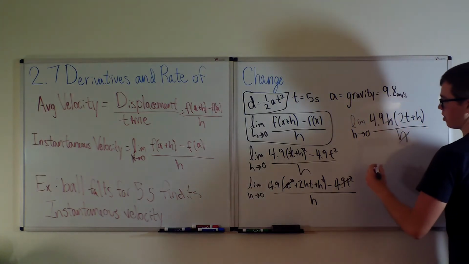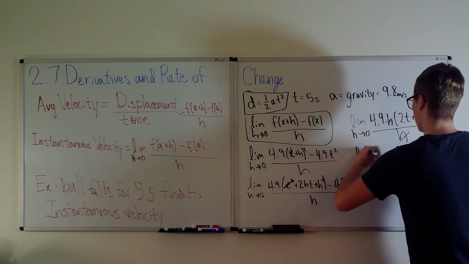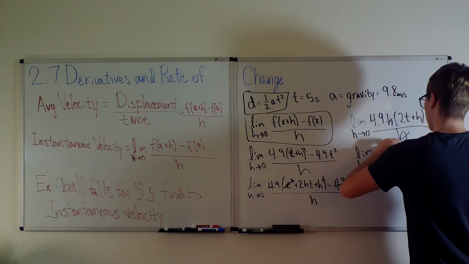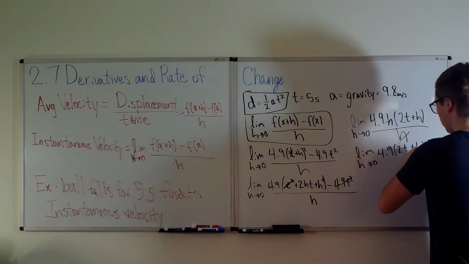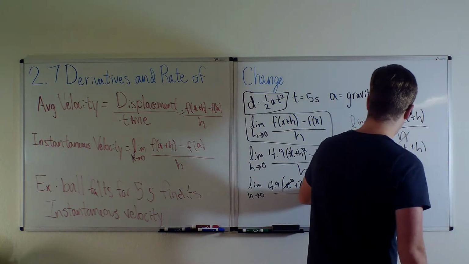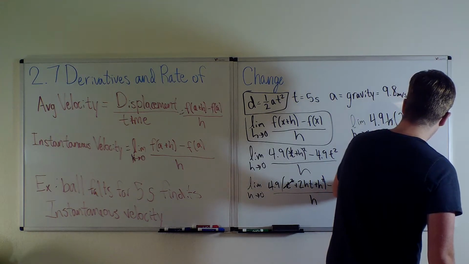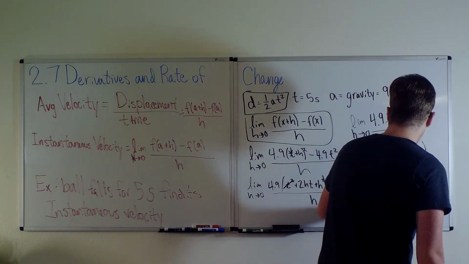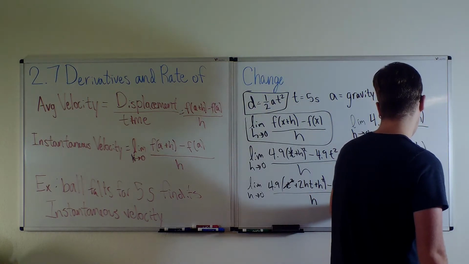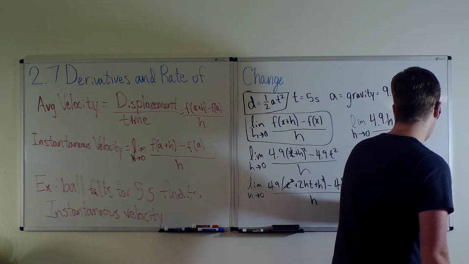The h's will cross out, so you have limit as h approaches 0 of 4.9 times (2t plus h), which is just equal to 4.9 times 2 times t, which is just 9.8 t, and then our t is equal to 5, so this equals 49 meters per second.